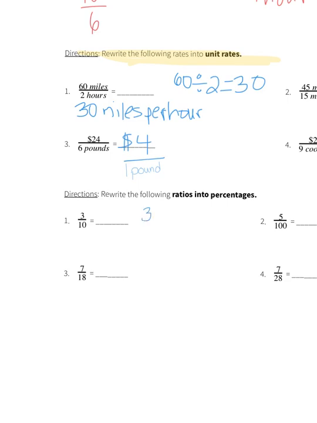So you would do 3 divided by 10, and you would get an answer of 0.3. That's the first thing you do. The second thing is you're going to take 0.3 and times that by 100 because percent means out of 100. You're going to get an answer of 30. And then simply the last thing you're going to do is add that percent sign on, so 30%.